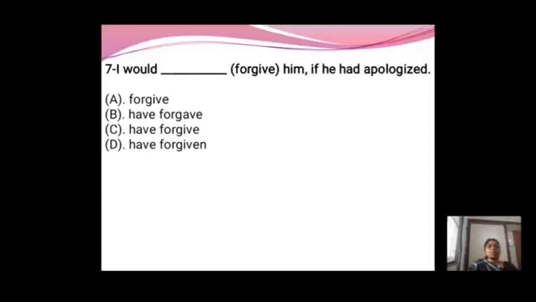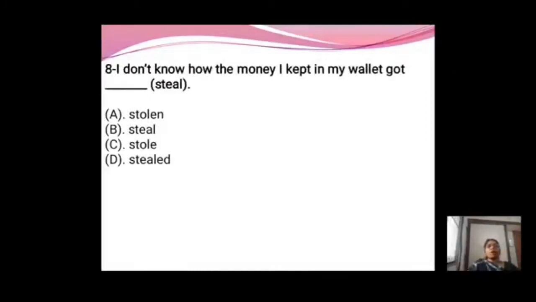Now the 7th question, I would dash forgive him if he had apologized. Forgive, have forgave, have forgive, have forgiven. Next is, I don't know how the money I kept in my wallet got dash steal. Stolen, steal, stole, stealed.